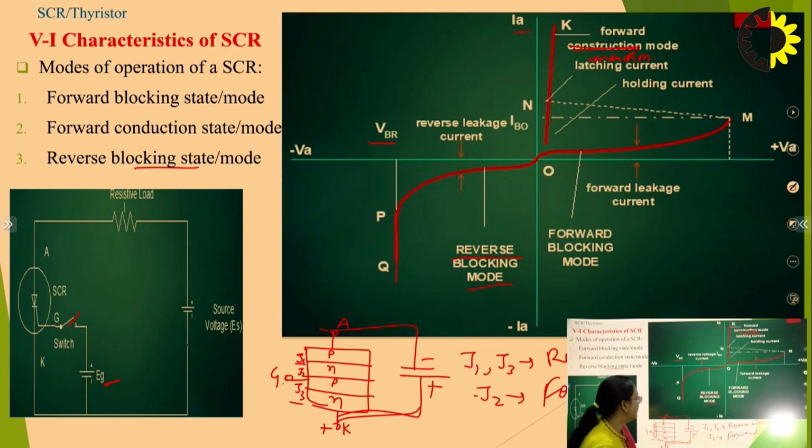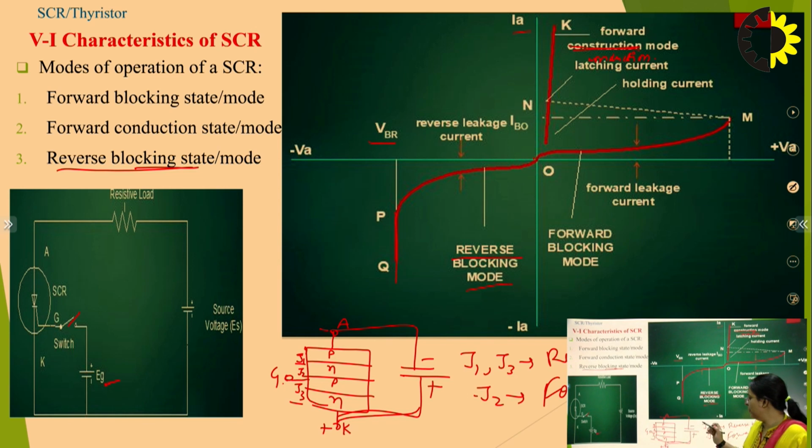So this is the reverse blocking mode. You can see that in the reverse blocking mode, when I apply the reverse voltage between anode and cathode, the two diodes, PN and PN, are simply connected in series with each other.